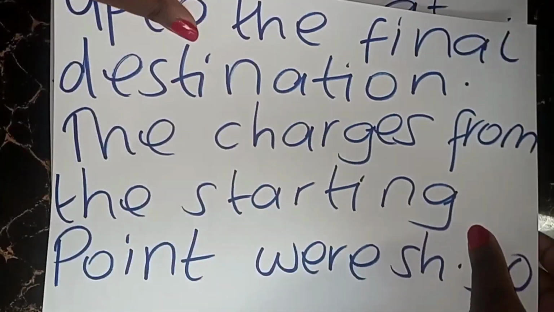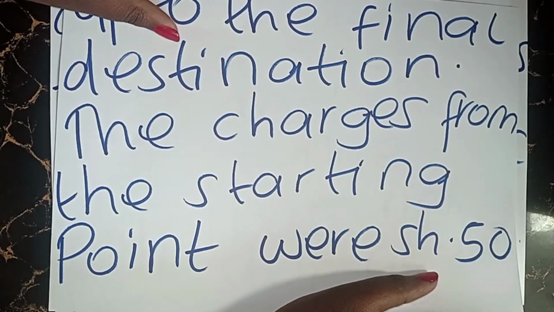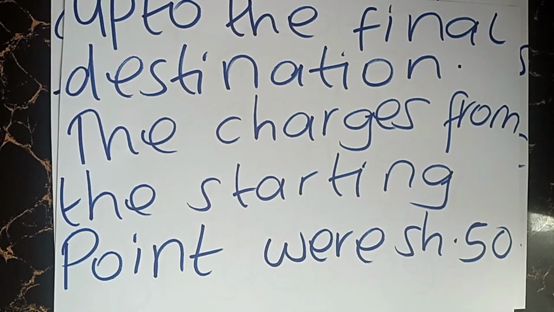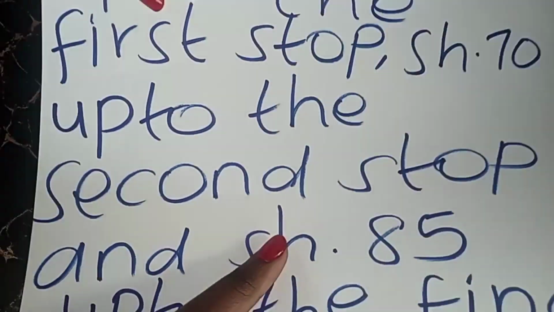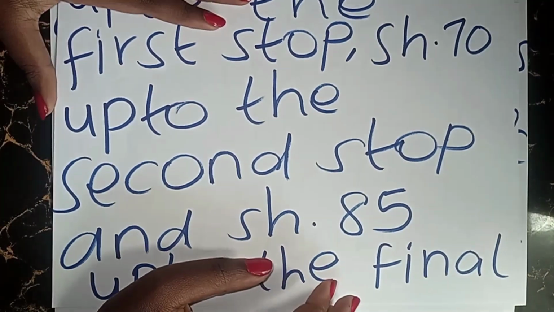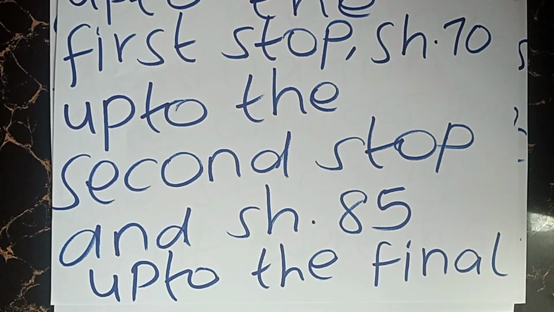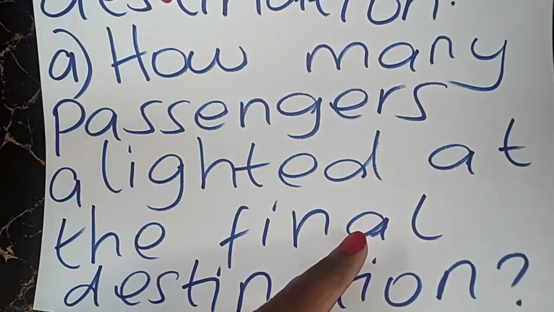The minibus did not stop again up to the final destination. Okay? The charges from the starting point were 50 shillings up to the first stop, 70 shillings up to the second stop, and 85 shillings up to the final destination.